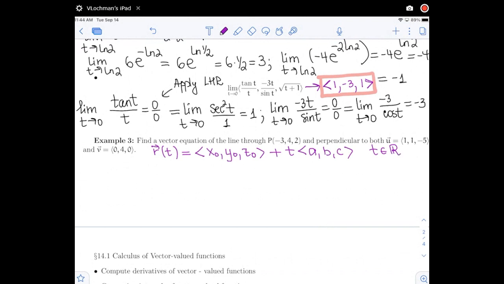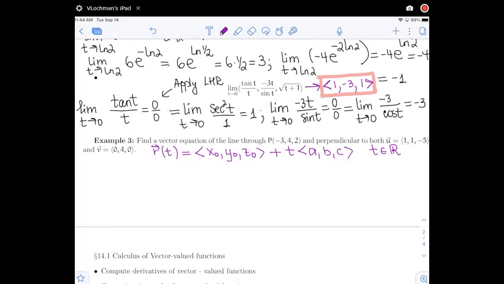So that's our goal. We want to write an equation of the line in this form that satisfies these conditions. We have a point, so we know our initial vector. That part is taken care of. We do need to find the direction.